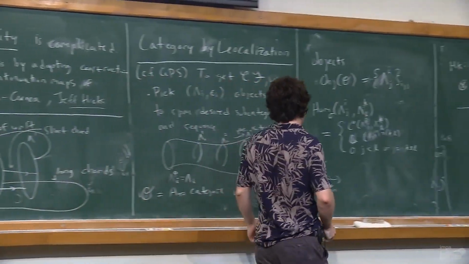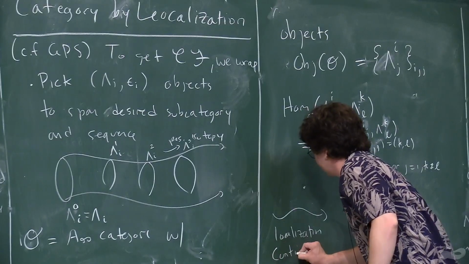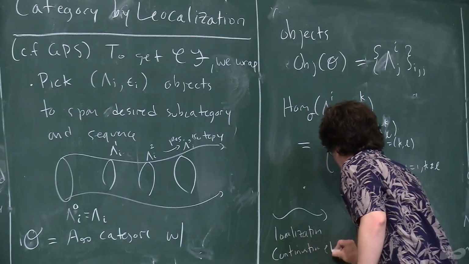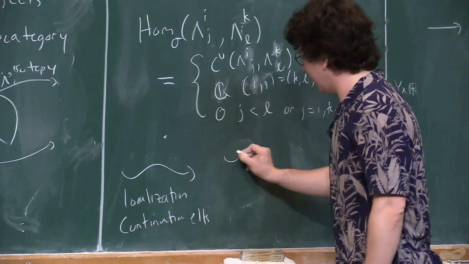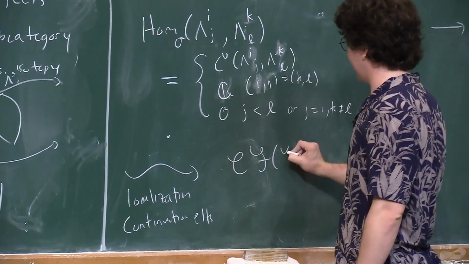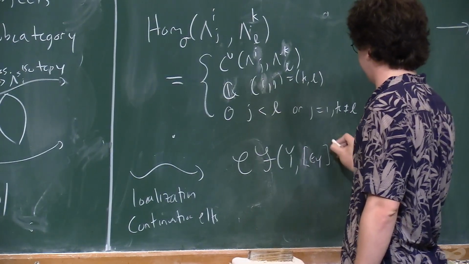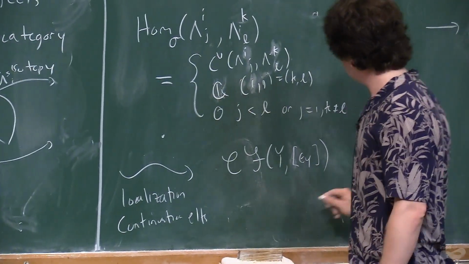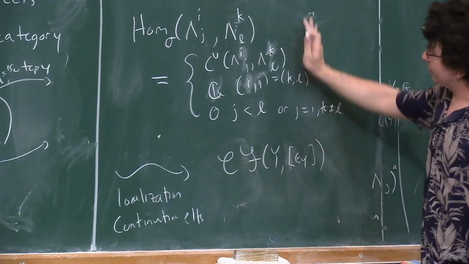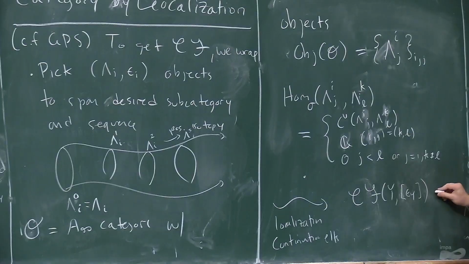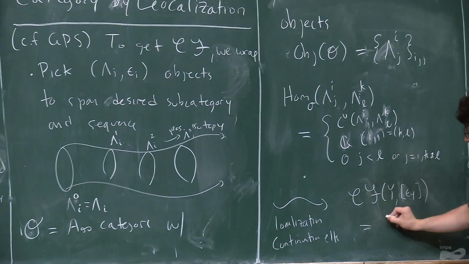So we can localize at continuation elements, and the resulting thing is exactly the category we're looking for, really the subcategory spanned by this thing, but that's fine. So this is the localization of this guy at the continuation element.